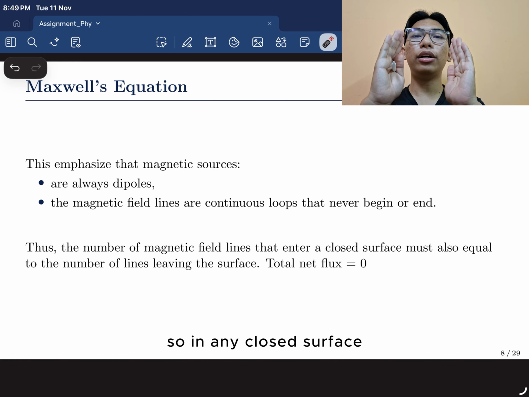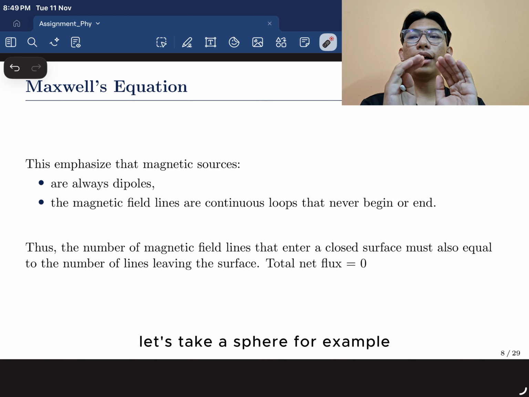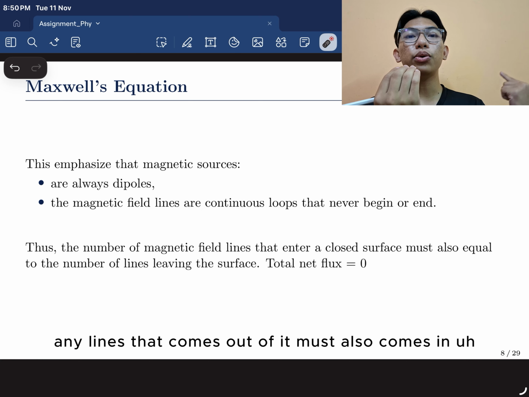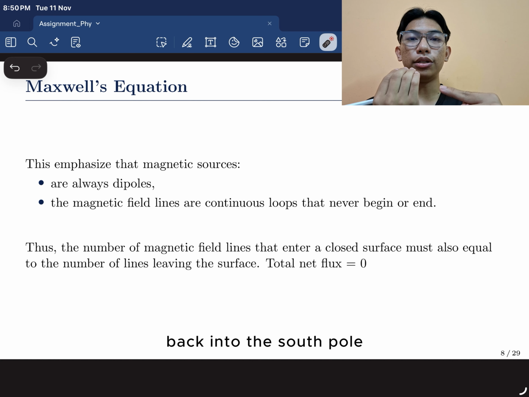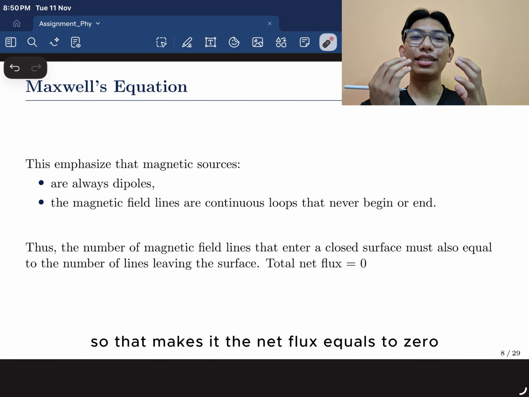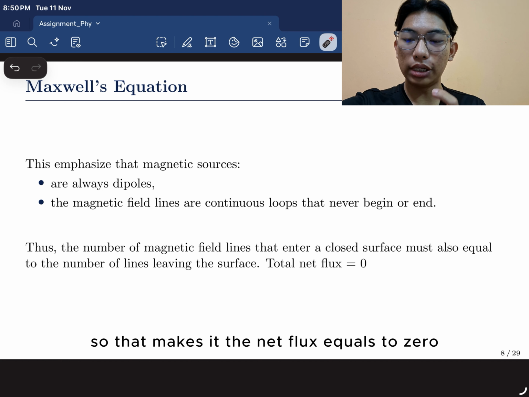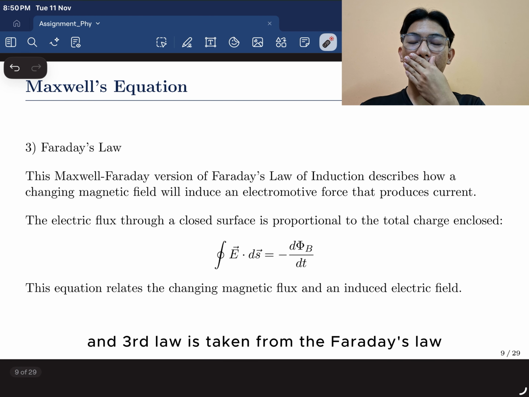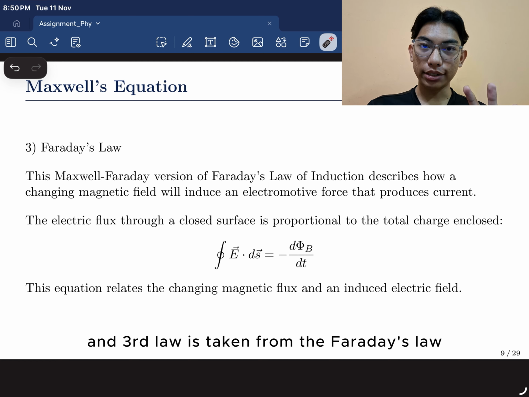So in any closed Gaussian surface, let's take a sphere for example, any lines that come out of it must also come back in, going out of the north pole and back into the south pole. So that makes the net flux equal to zero, as stated here.